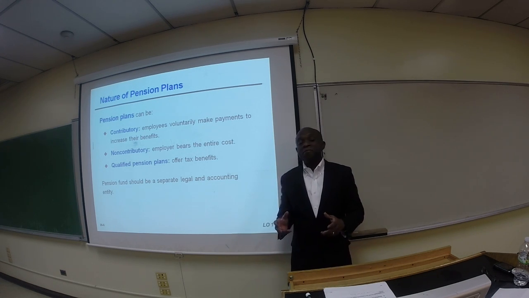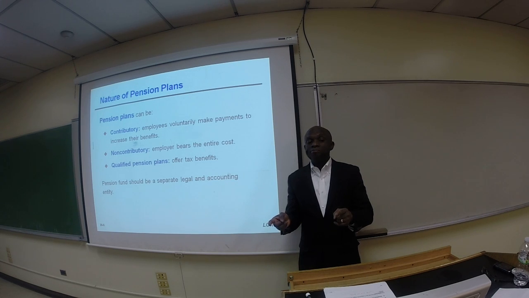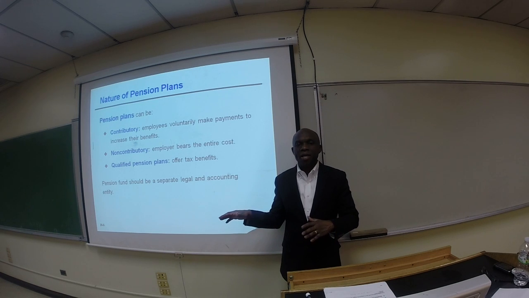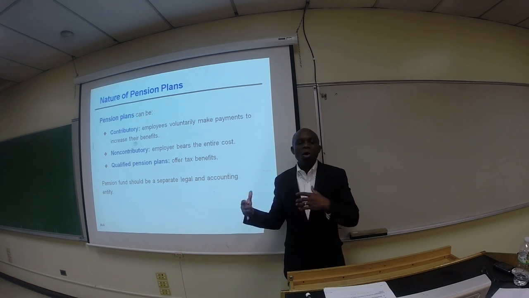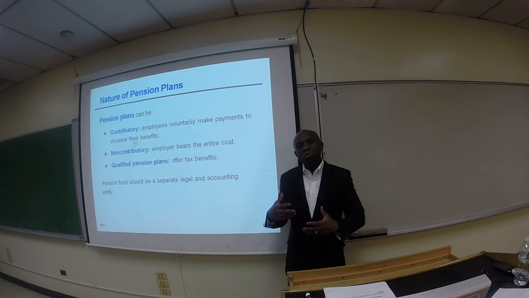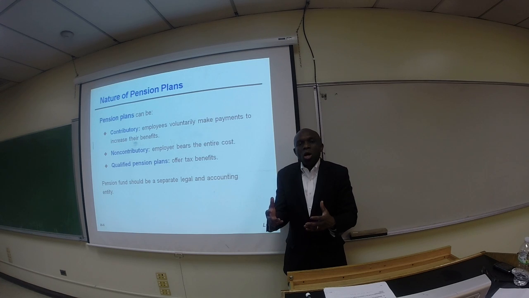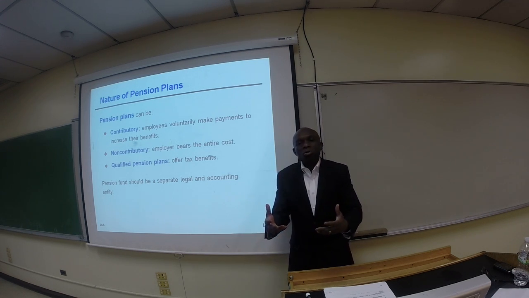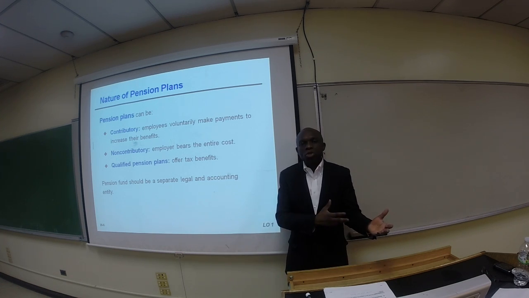We also have another type that is called unqualified pension plan. They did not talk about that in this textbook. Unqualified pension plan is a plan that you put together for some employees of the company. We call it unqualified because you are not able to write off the company's contributions on your tax returns.